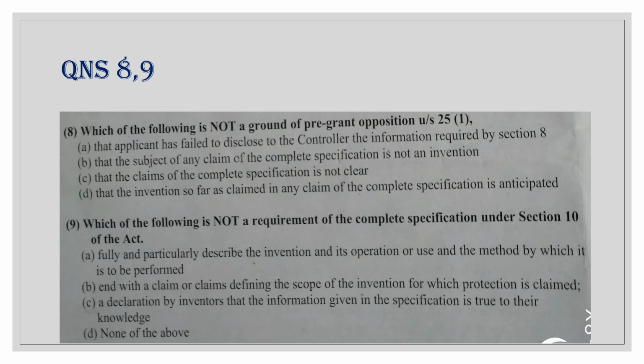Option C is a declaration by inventors that the information given in the specification is true to their knowledge. Option D is none of the above. So the correct option will be option C, that is a declaration by inventors that the information given in the specification is true to their knowledge.